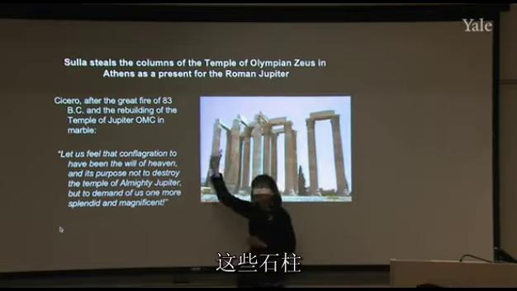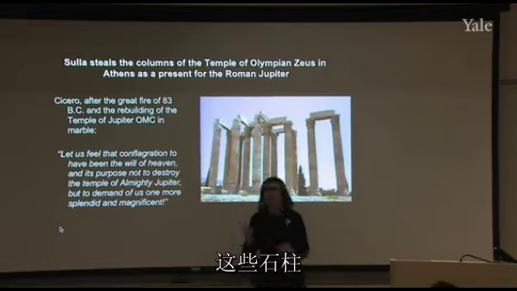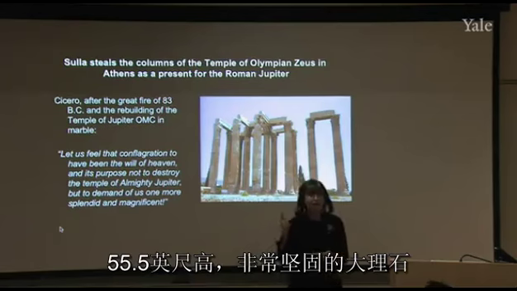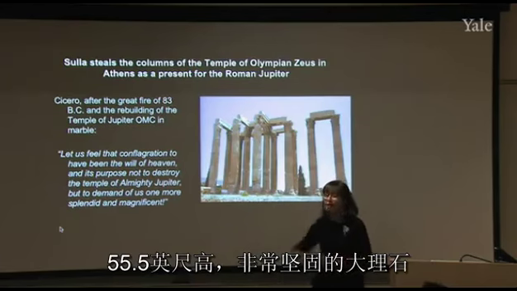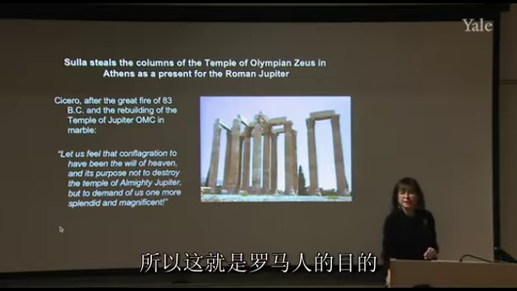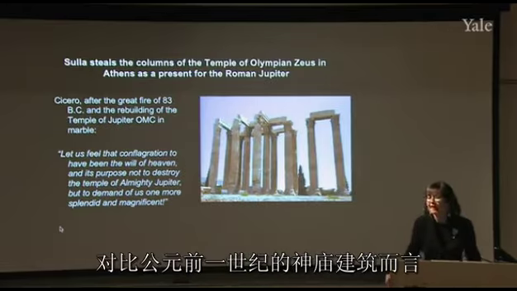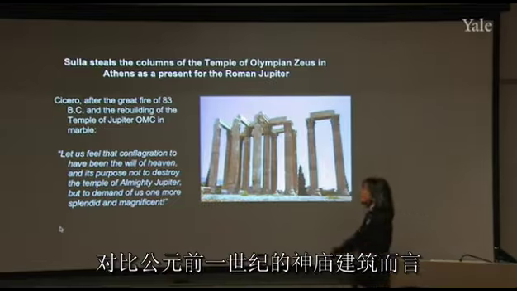These columns, my last point, were 55 1/2 feet tall. And they were made of solid marble. So that gives you some sense of the objectives of the Romans vis-a-vis temple building in the 1st century BC.